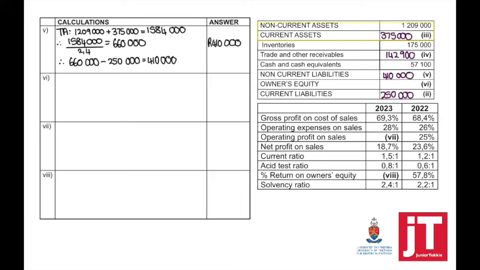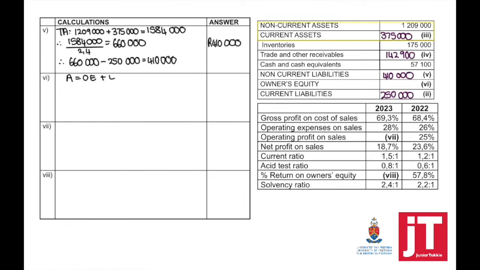This goes back to do you understand the statement of financial position? It means actually assets equals owner's equity plus liabilities. This is an extract basically from your statement of financial position. I've got my total assets. It is my non-current plus current assets.